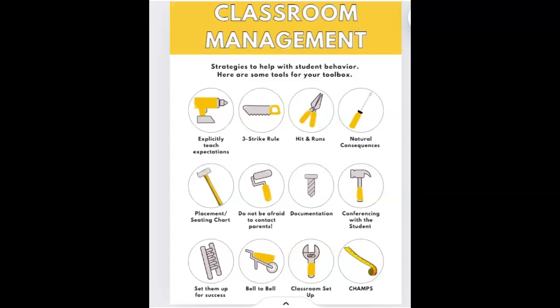And so bell to bell doesn't really mean like you have to teach bell to bell and be very strict about it. It just means to be purposeful about the time and how you're utilizing it. And also to put things into place. Like if students get finished with their work early, what do they do when they're done?